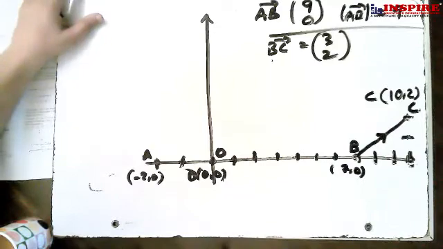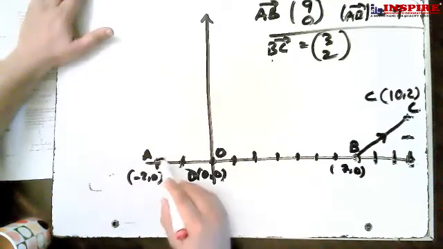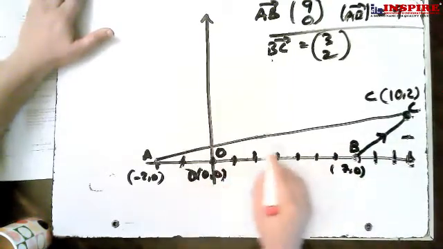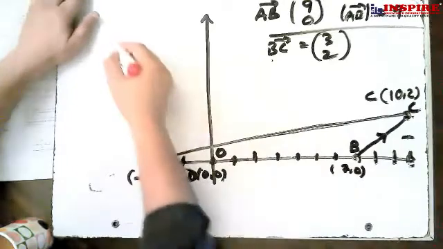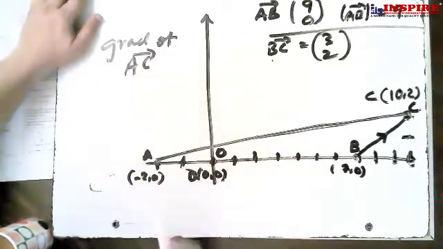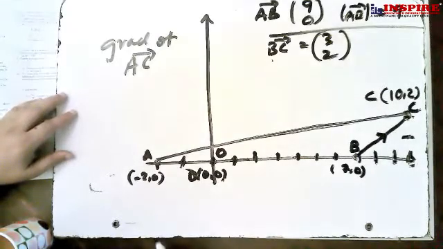Congratulations. And the last part of the question. Captain Movie, find the gradient of AC. What's gradient? Rise over run.